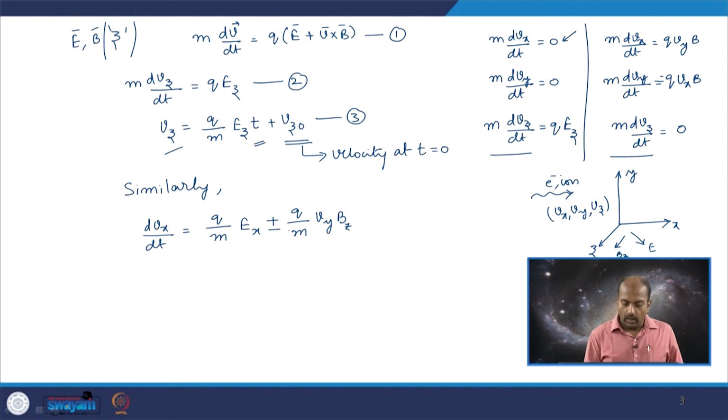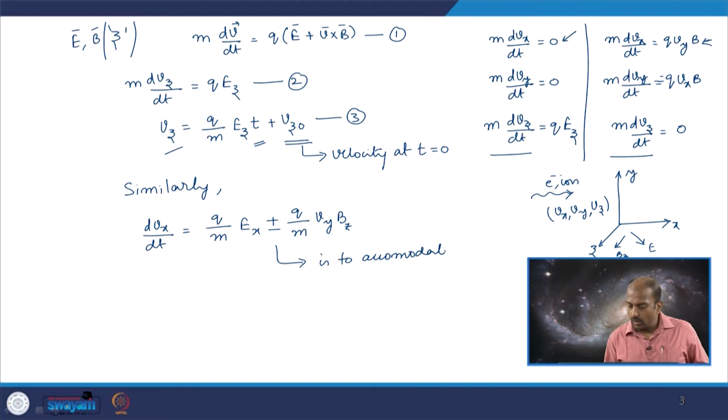Then in addition to this, the effect of the magnetic field also has to be taken into account. So dVx/dt becomes q/m Vy Bz. I have effectively combined these two equations. The reason that I have included plus minus is to accommodate ions with a plus and electrons with a minus.